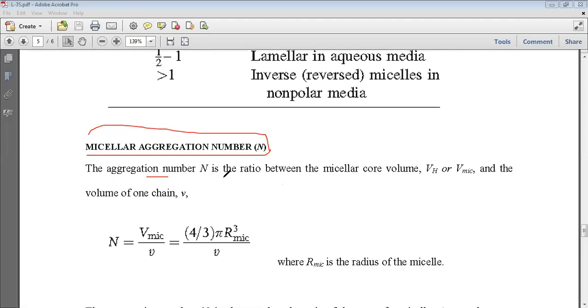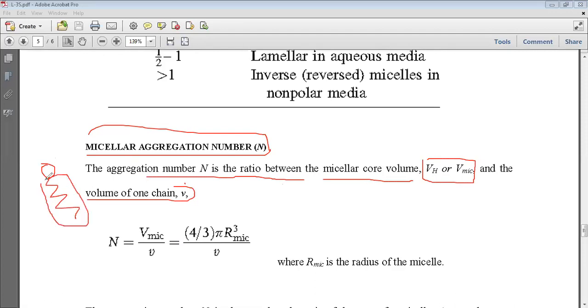The aggregation number is basically the ratio between the micellar core volume, V_mic, and the volume of one chain. Here you have to remember this is the volume of one chain. That means if this is a monomer, the volume of this chain will be represented by this V.